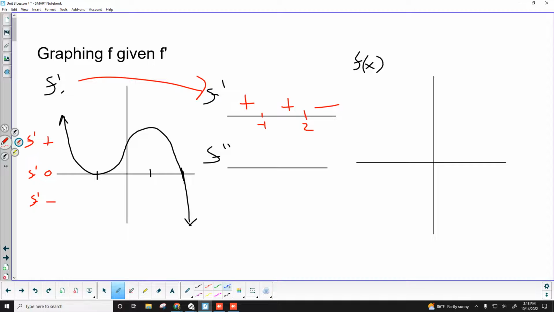Great. I think most of you like to fill this out by looking at f prime's direction. If you do, great. F prime is going down until -1. It is then going up until 1, and then it goes down after 1. I don't like what I just did.